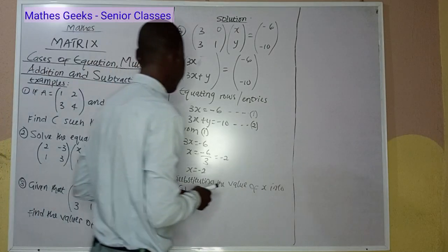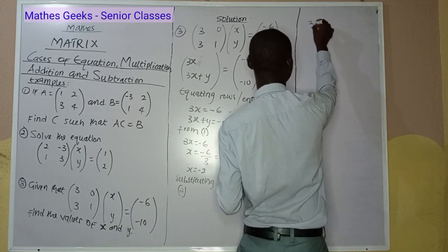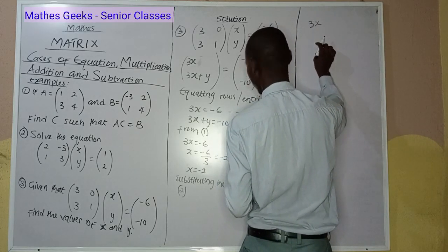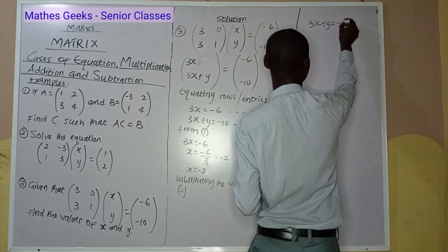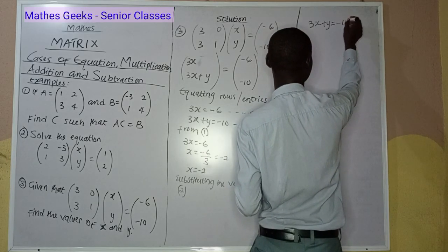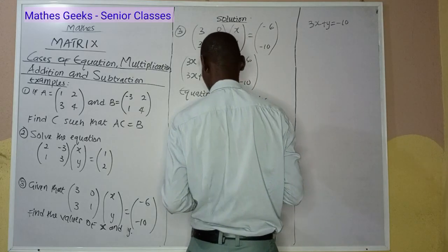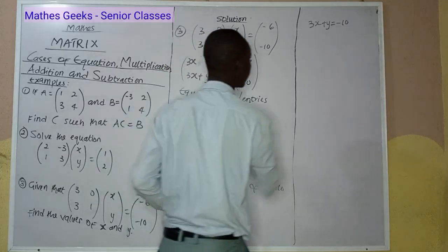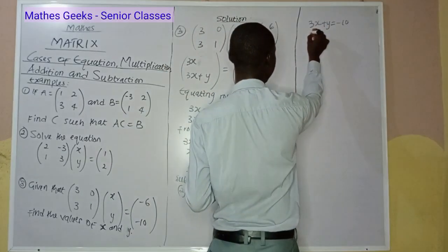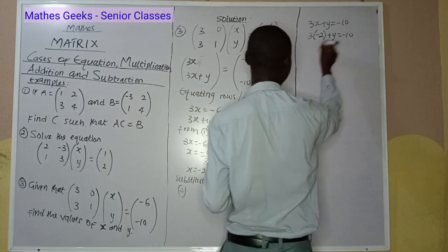We're going to have equation 2 is 3x plus y is equal to minus 10. So we're going to say our x here is minus 2. So we're going to put minus 2 in place of x here. 3 times minus 2 plus y is equal to minus 10.